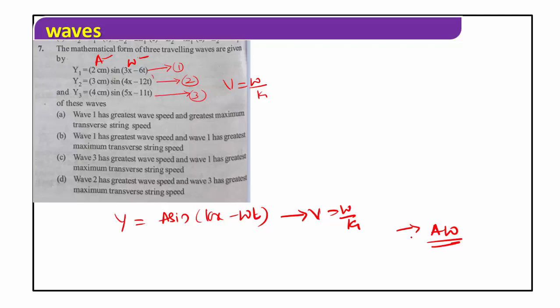Applying both formulas here, what answer do we get? Option D is right. Wave 2 has the greatest wave speed and wave 3 has the greatest maximum transverse string speed. Option D is the right answer for this question.